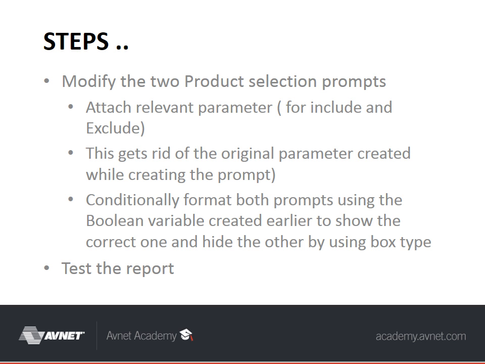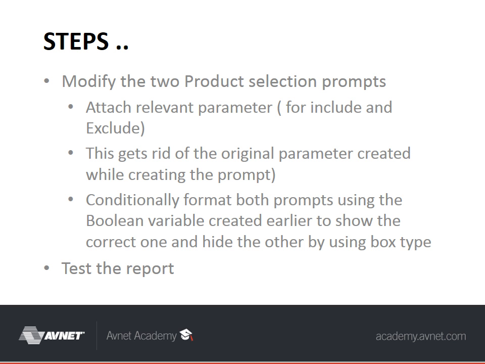So we would modify both product prompts to properly attach the parameter which we created in our filters to each one of the prompts. Once we do that, the original parameter which was created while creating the prompt will automatically be taken away, because Report Studio is set to delete any objects which are not being used anywhere in the report. So that parameter will go.